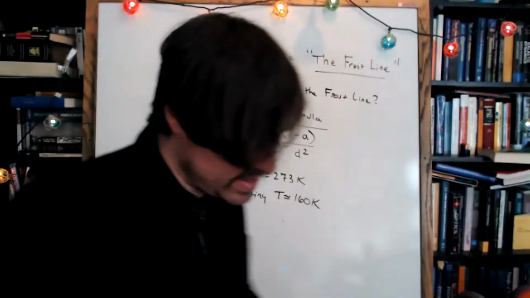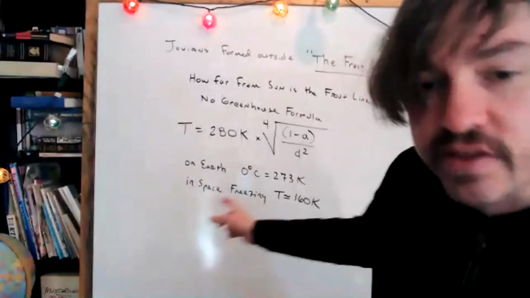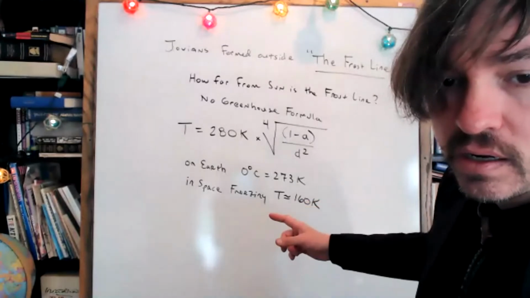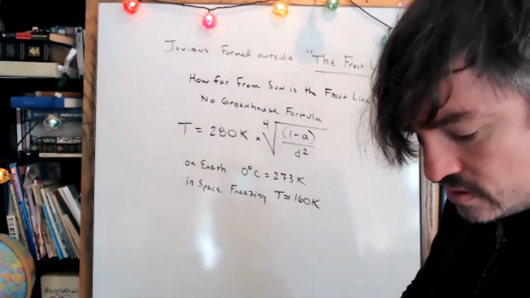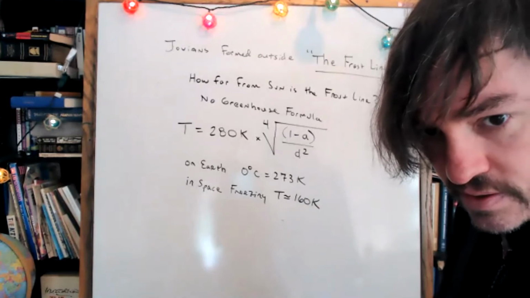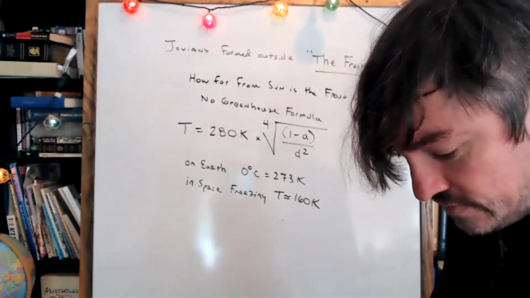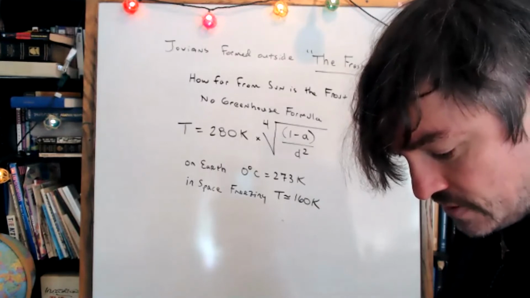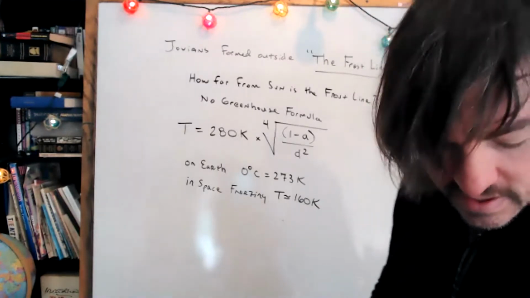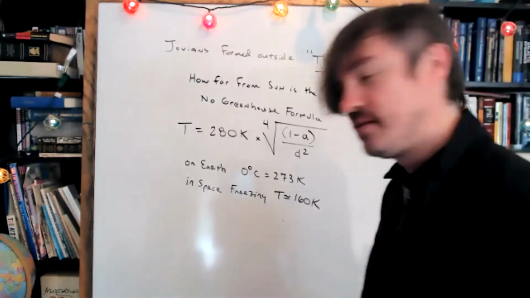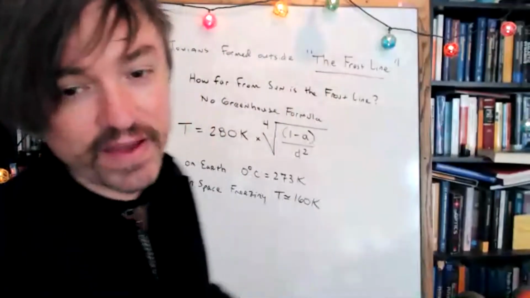So what would that be in Celsius? Oh, I guess it would be 113 Celsius. Wait, how do you do this again? It's a difference of 273 minus 160, right? Negative 113 Celsius. That's pretty darn cold, right? Things really want to be gases in the vacuum of space.